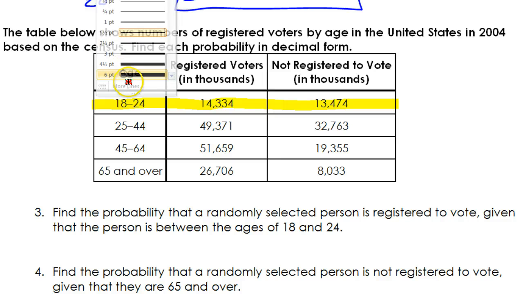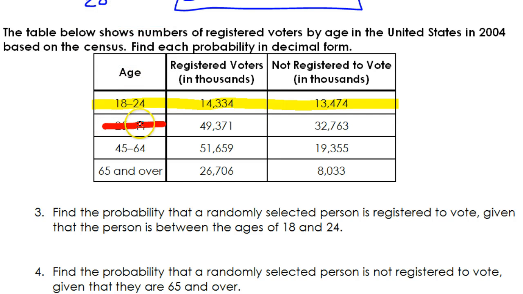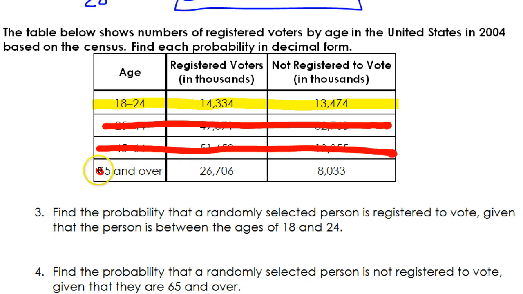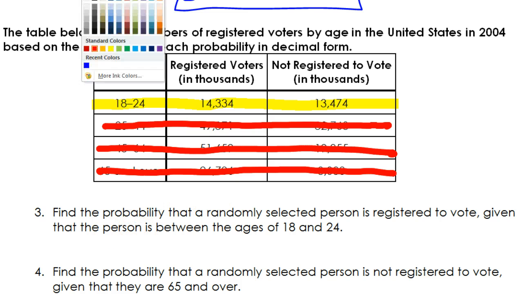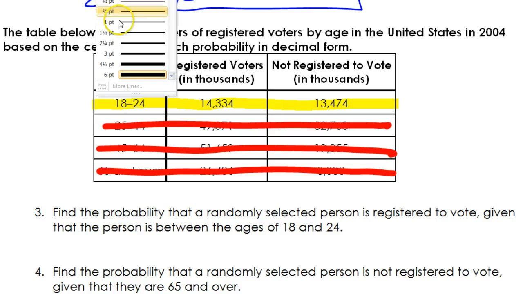Okay, so the person is not in that age range, not in that age range, and not in this age range. So we will just look at what we're given. We have narrowed down the universe to this row. So with that in mind, what do we have here?